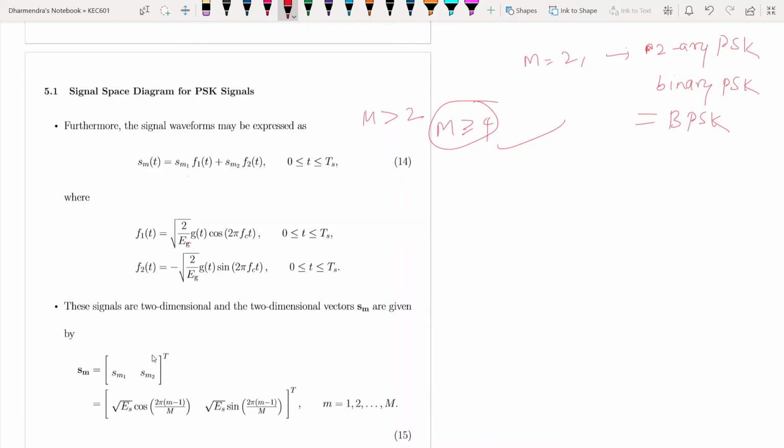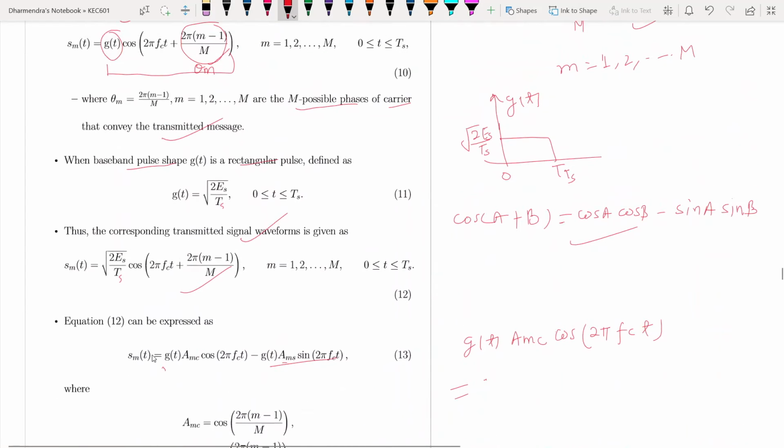In place of Eg, it will be Es, because if I integrate for Eg, I have to square 2 Es by Ts between 0 to Ts dt.